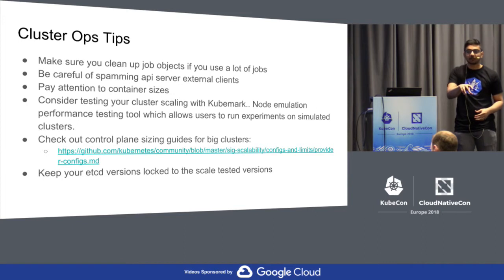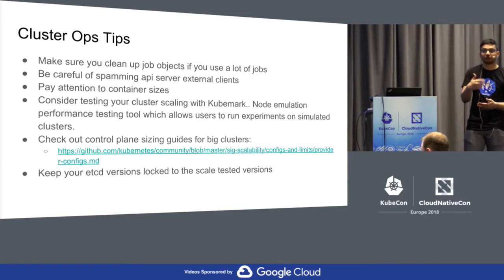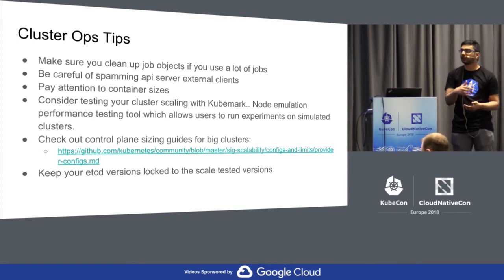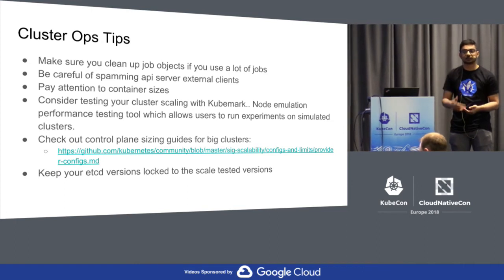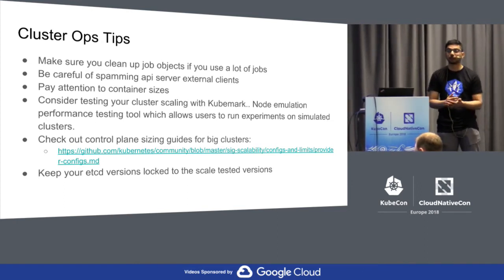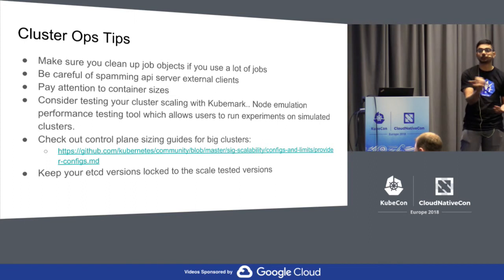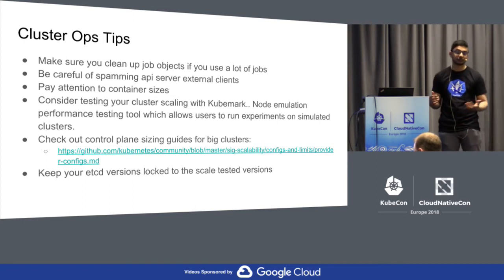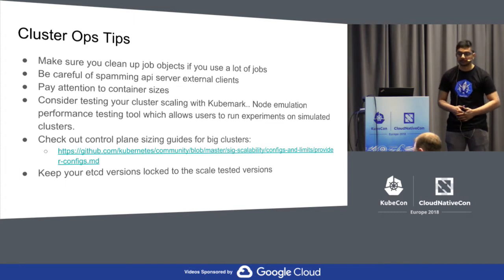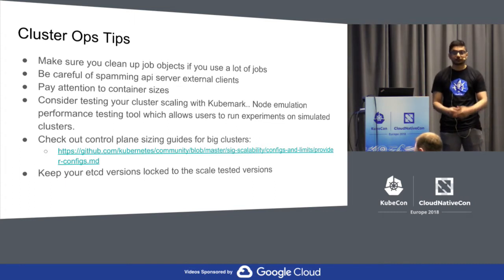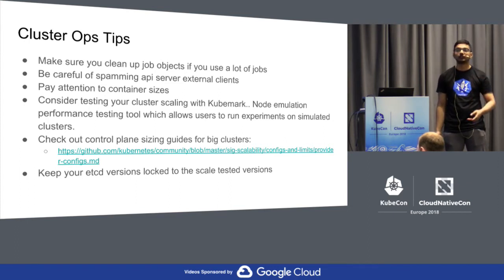Each pod has hollow versions of kubelet, kubeproxy, and the node agents, which don't do real work, but they still talk to the API server as if they're real components doing real work. By this, we're able to start really big clusters, as much as 5,000 node clusters, on something like 700 cores.